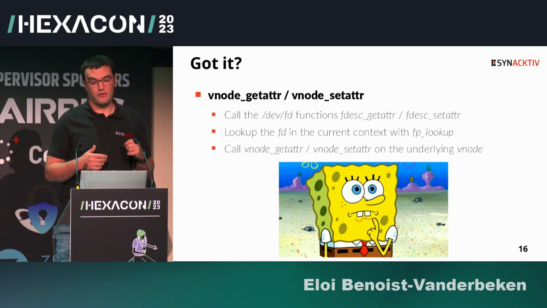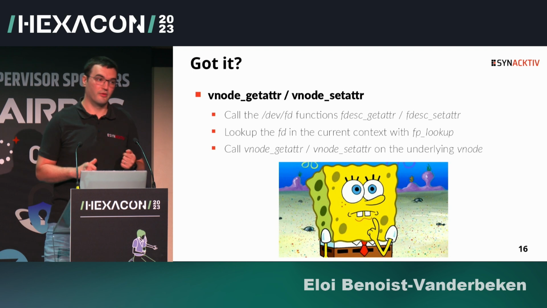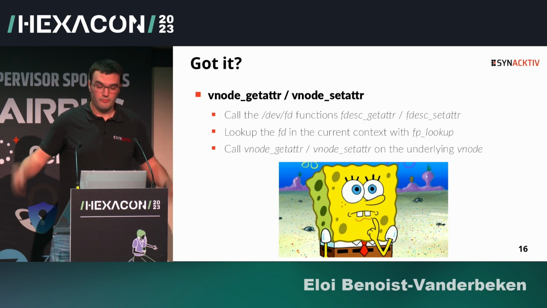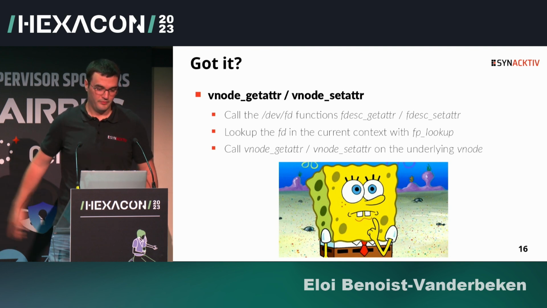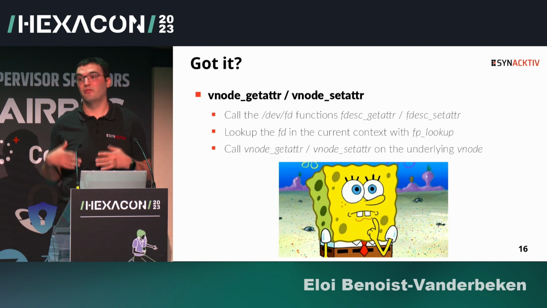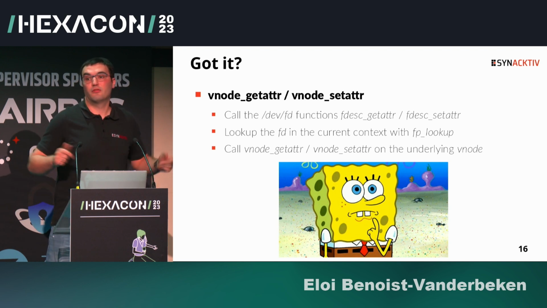Those functions will first look up the FD in the current context, so in your process context, to get the file structure, the underlying vnode, with fp lookup. Then it will call vnode get attribute and vnode set attribute, but this time on the underlying vnode, to get the real underlying bits and to set the underlying bits.